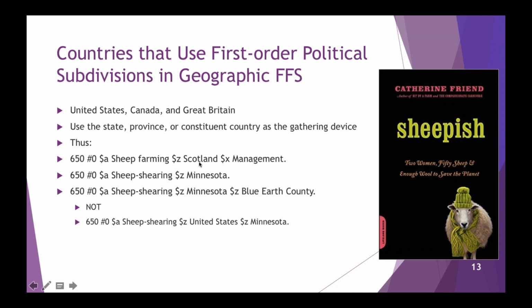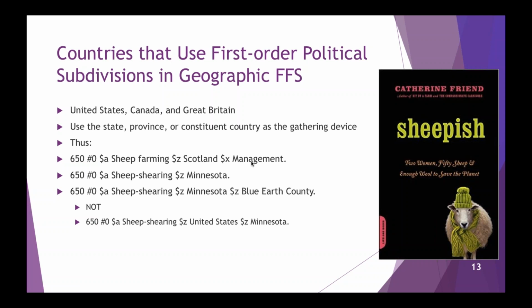Again, from last week we talked about this, but I want to hit on it again because it's an important concept. So sheep farming allows for geographic subdivision, and this is why we can have Scotland coming after sheep farming. The free-floating subdivision management, however, does not allow for geographic subdivision, and that's why it has to follow the geographic term itself.